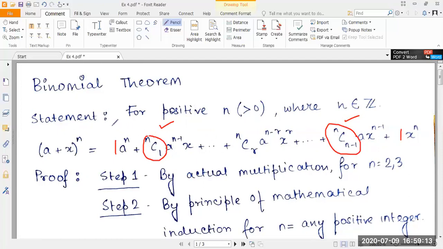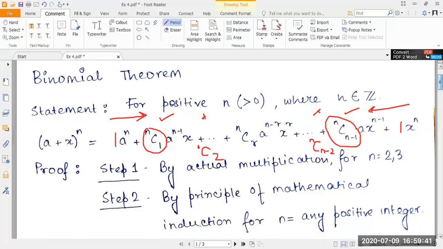So you see the second term from the beginning and the second term from the end are equidistant from the beginning and the end. So the coefficients of the second term and the second last term are the same. You can check with the other terms as well. The coefficient of the third term and the coefficient of the third last term will also be the same. In this case, it will be nC2 and here it will be nC(n minus 2).